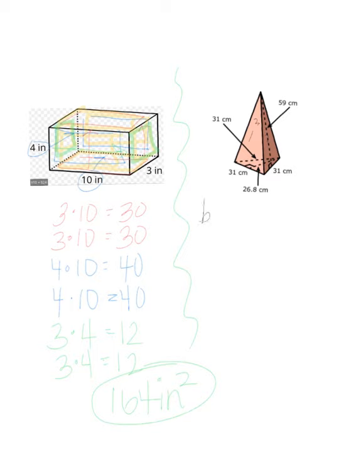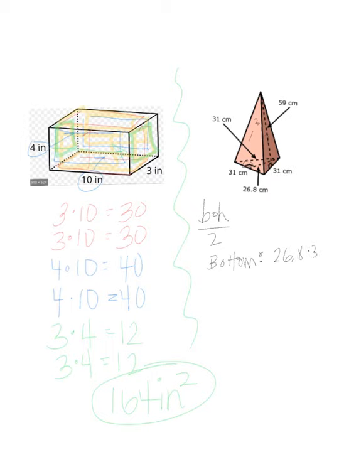And so I'm going to need my triangle formula. So I need base times height divided by 2. So I'm going to be a little more careful here. I'm going to go bottom here. So my bottom triangle, if I look at that one, they gave me a right angle here between my 26.8 and my 31.